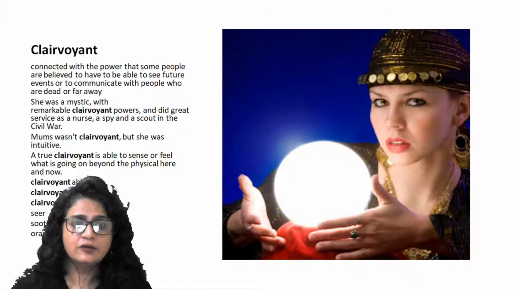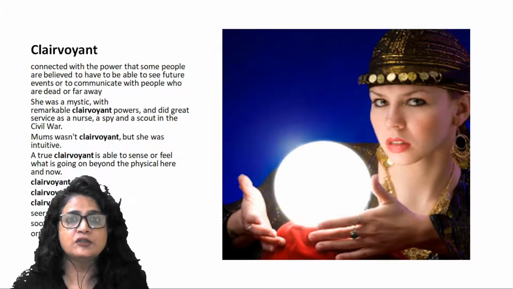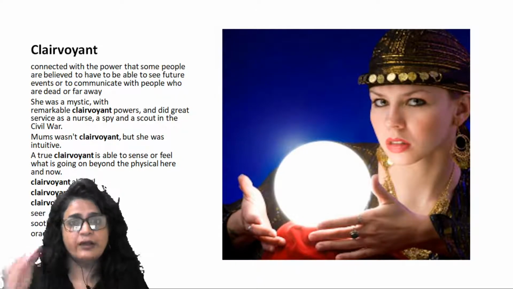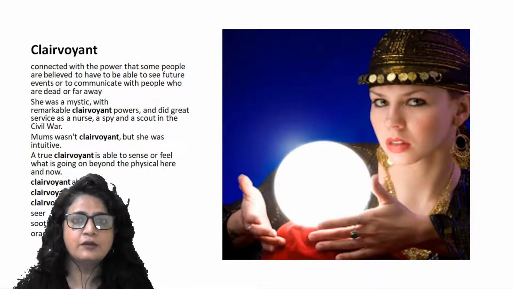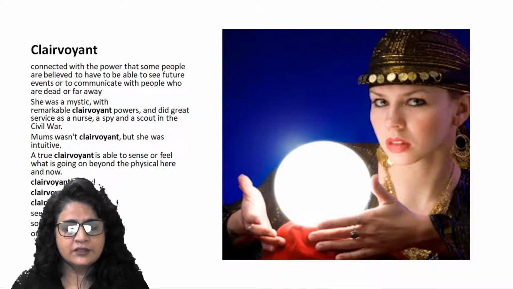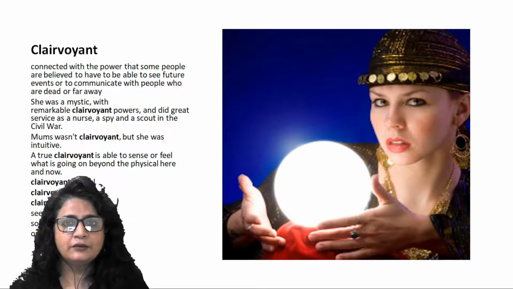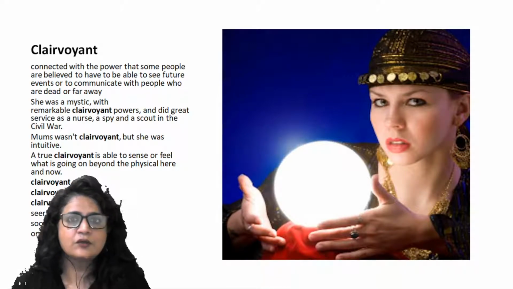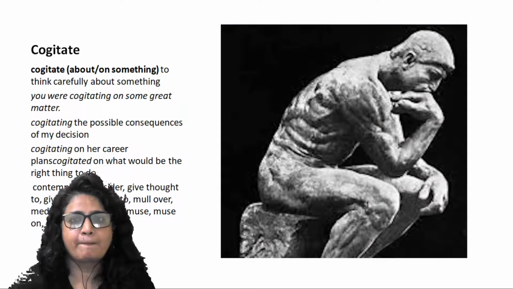Oracle is again used for a person who can see what is going to happen in the future. Seer, who can see. All these words are synonymous with clairvoyant. So the picture perfectly depicts that this woman has these powers to see in the crystal ball and tell you what is going to happen.